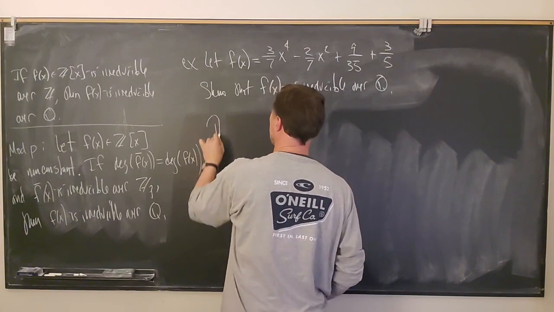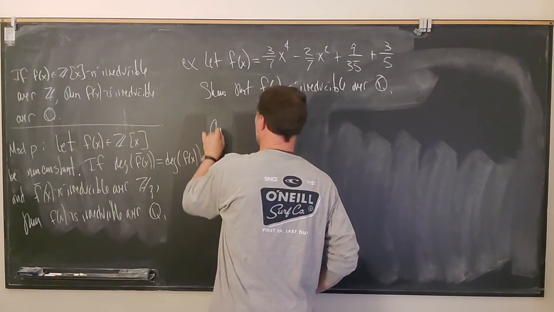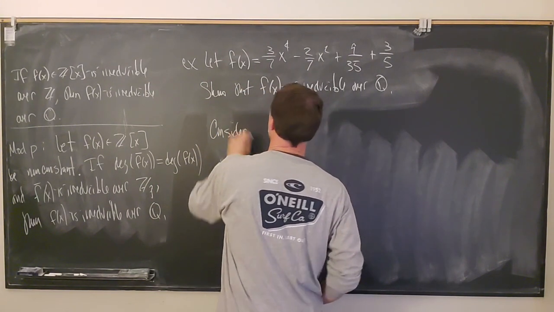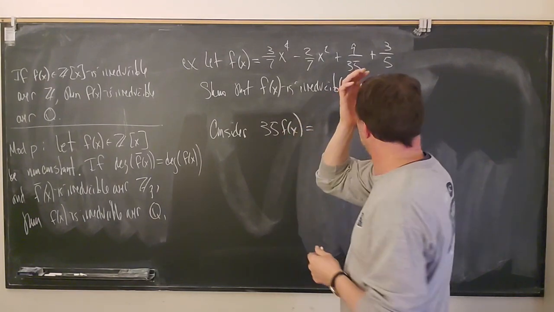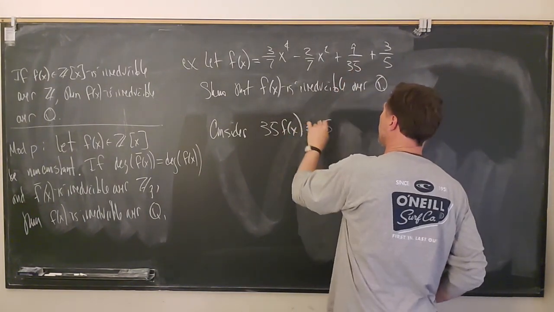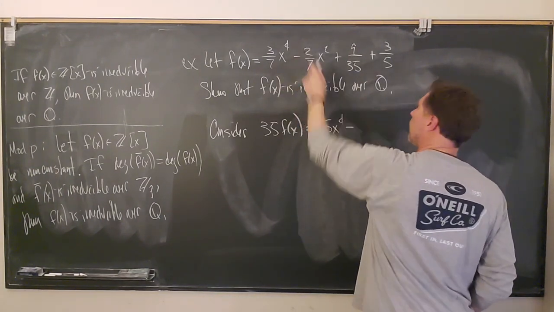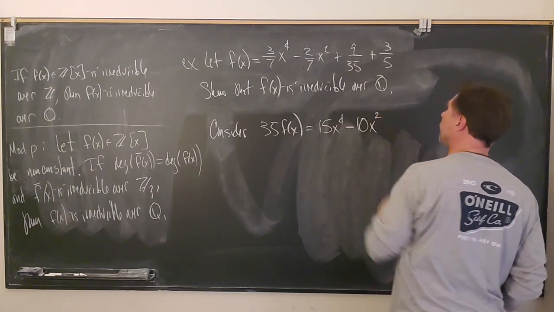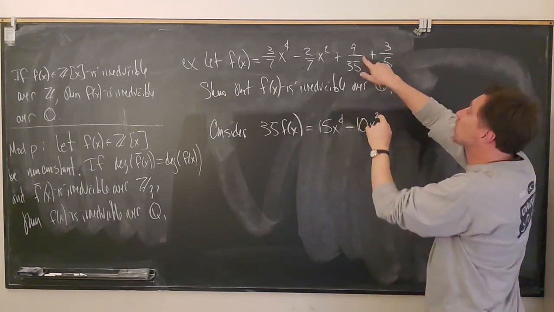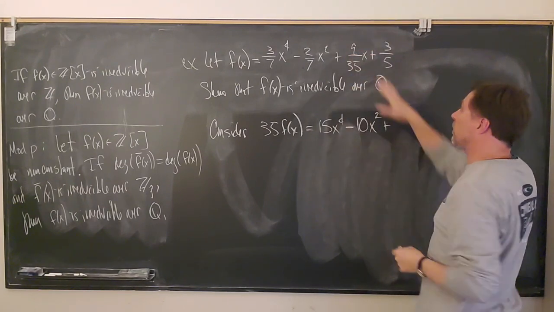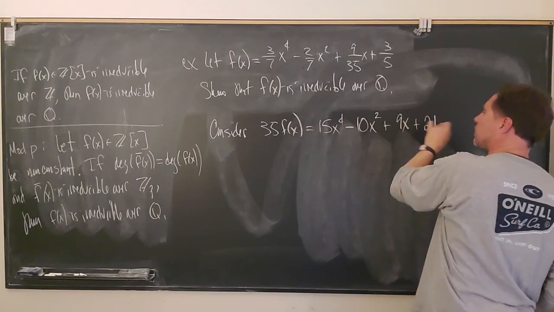So consider the polynomial 35 f of x, which is going to be 15 x to the 4th minus 10 x squared plus 9x plus 21.